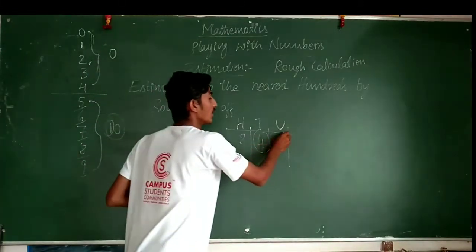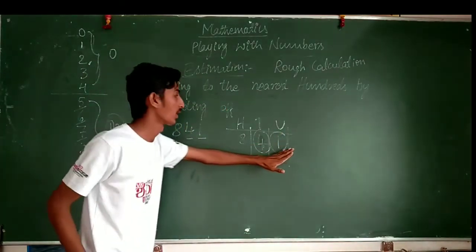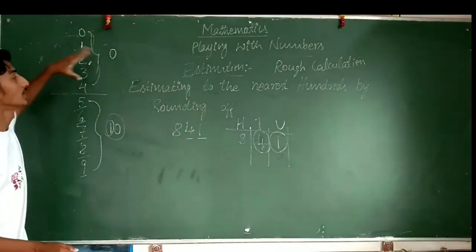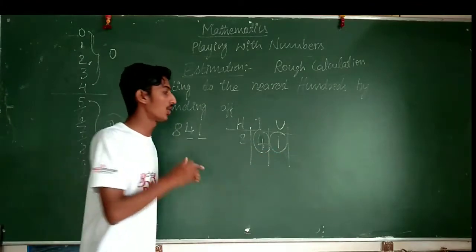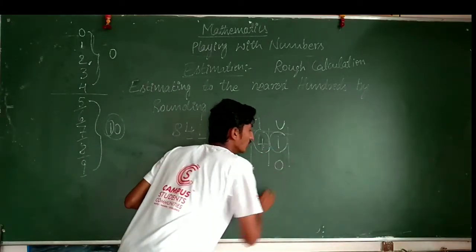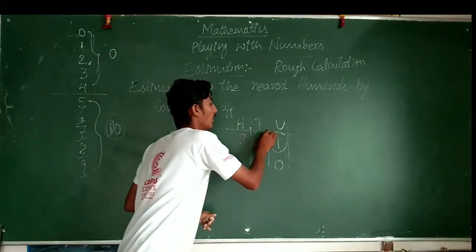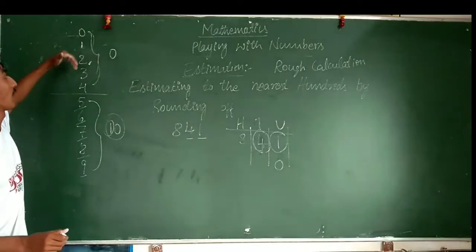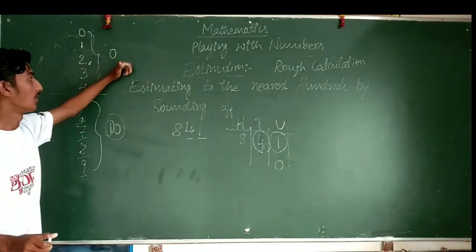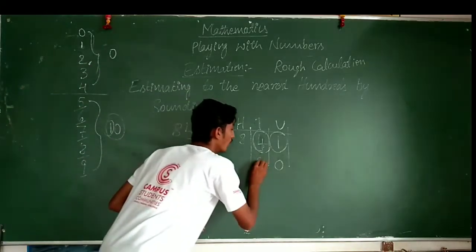Okay, first the unit place. In the unit place we have 1. 1 comes under the 0 division, hence we write it as 0. Then in the tens place we have 4. 4 comes under the 0 division, hence we write it as 0.